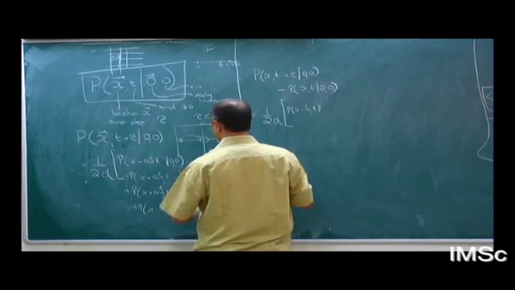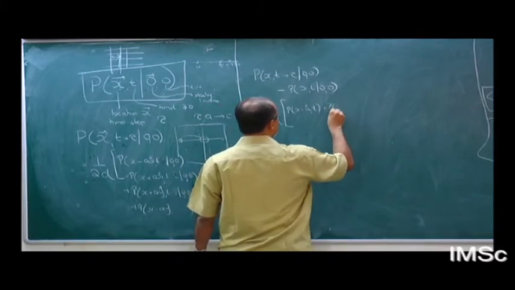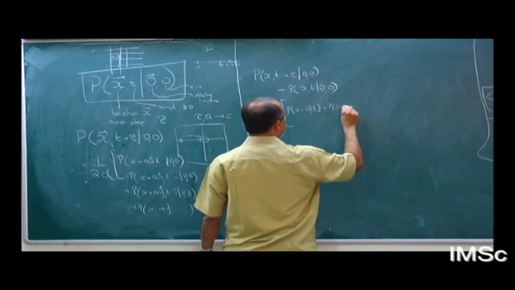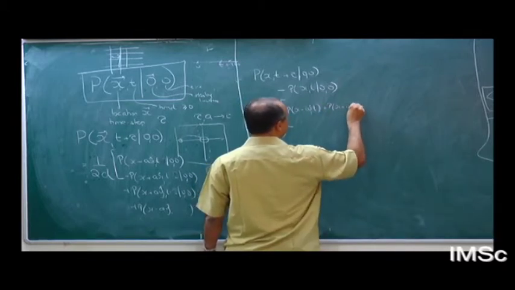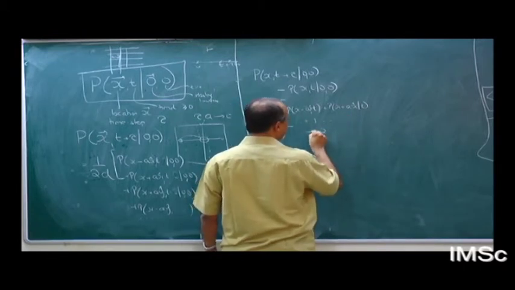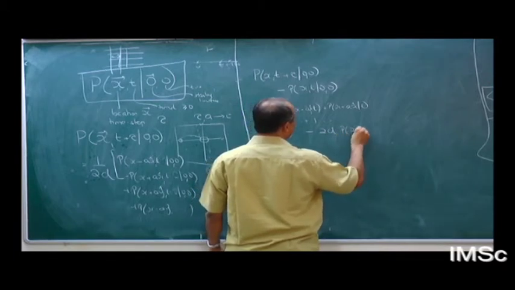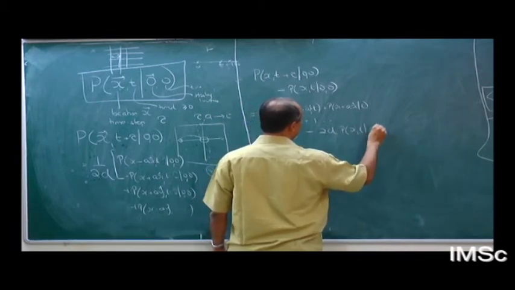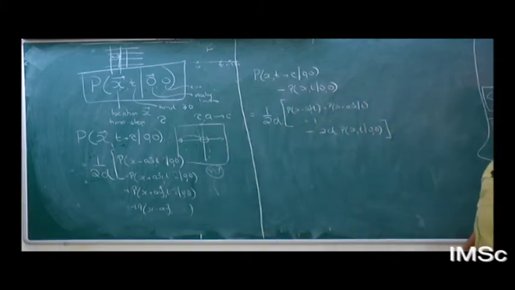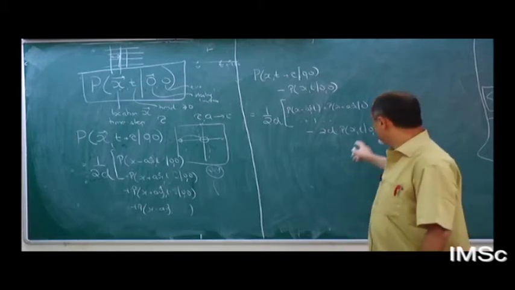I'm going to drop the 0, 0 because I'm always going to assume that I start at 0, 0, plus p of x plus a x hat at t, plus and so on, minus 2d times p of x comma t given 0 comma 0. That clear? Because of the 1 by 2d here.